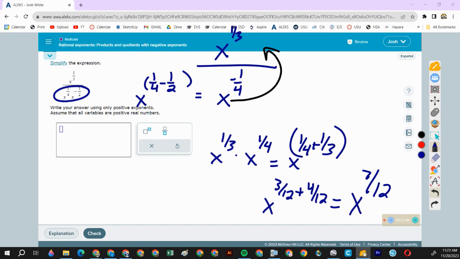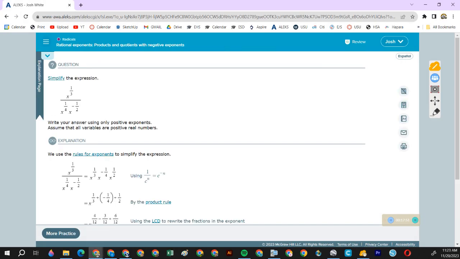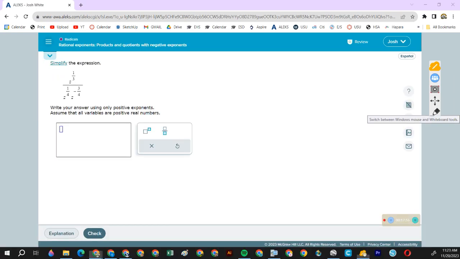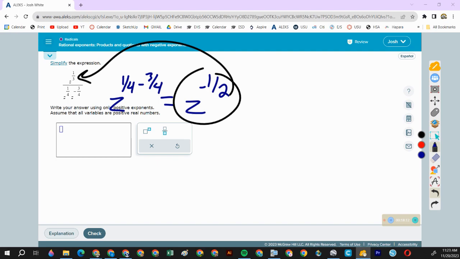All right, let's do another one. So on the bottom, z to the 1/4 minus 3/4. 1/4 minus 3/4 is negative 1/2. And then I'm going to move this up top.